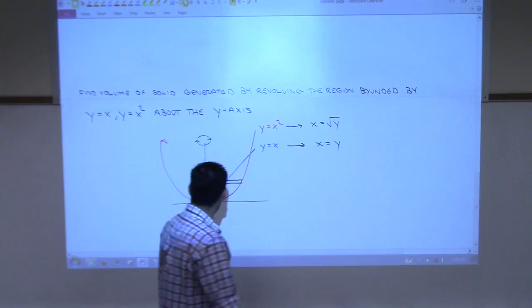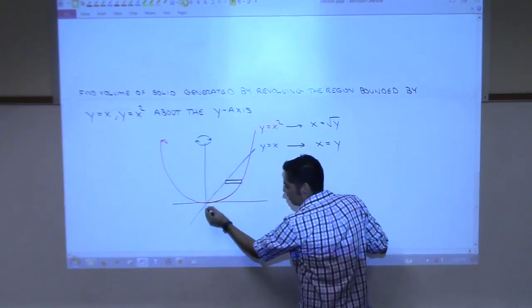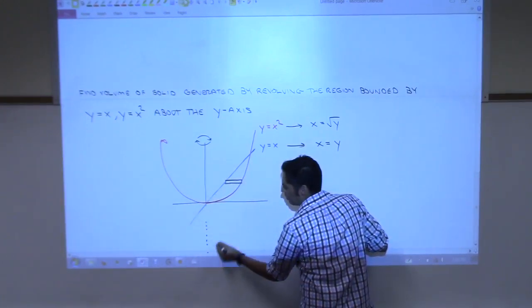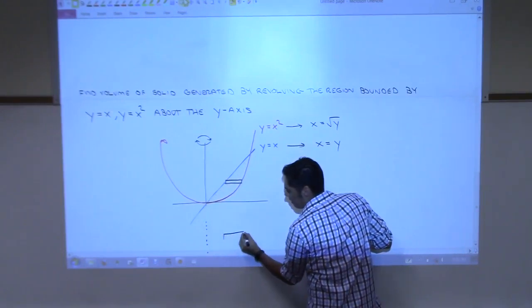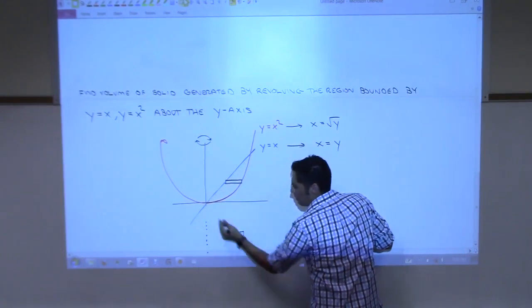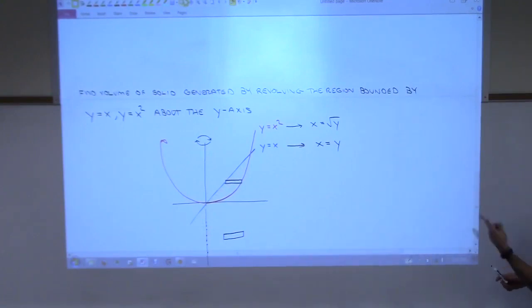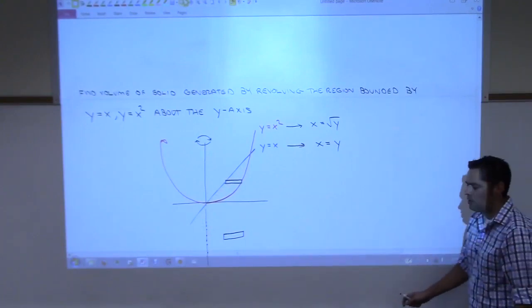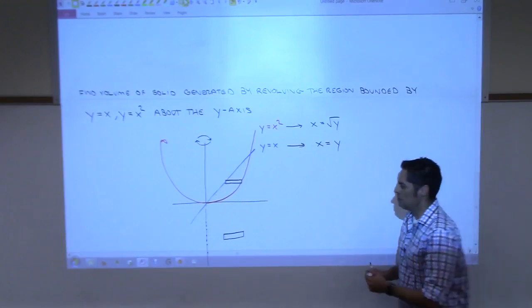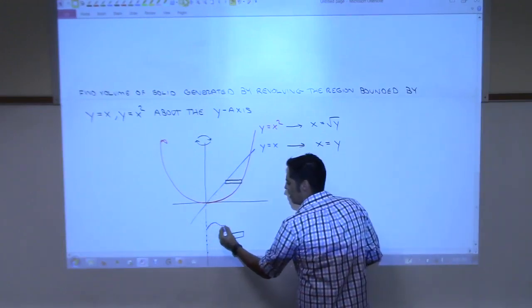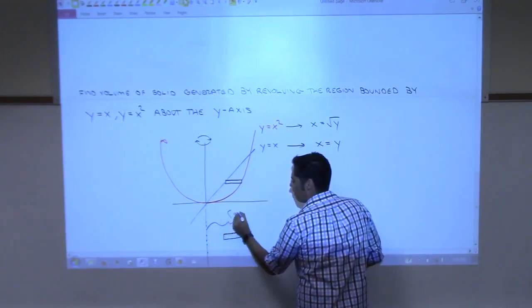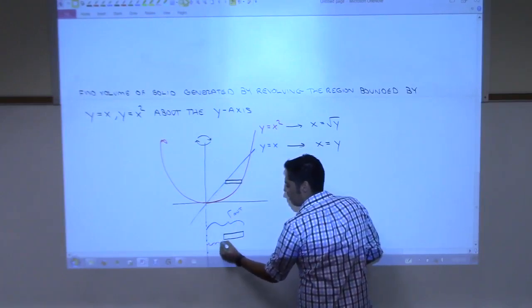So now when I do my little drawing, my axis of rotation is here, my rectangle is like this, and my y-axis is actually there also. And now when I spin this, I just need an R out and an R in again. So wouldn't this be R out? And wouldn't that be R in?